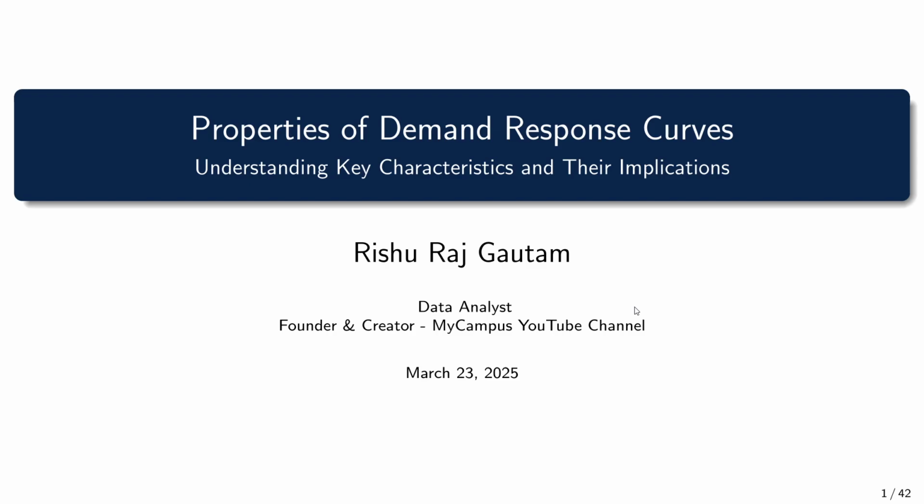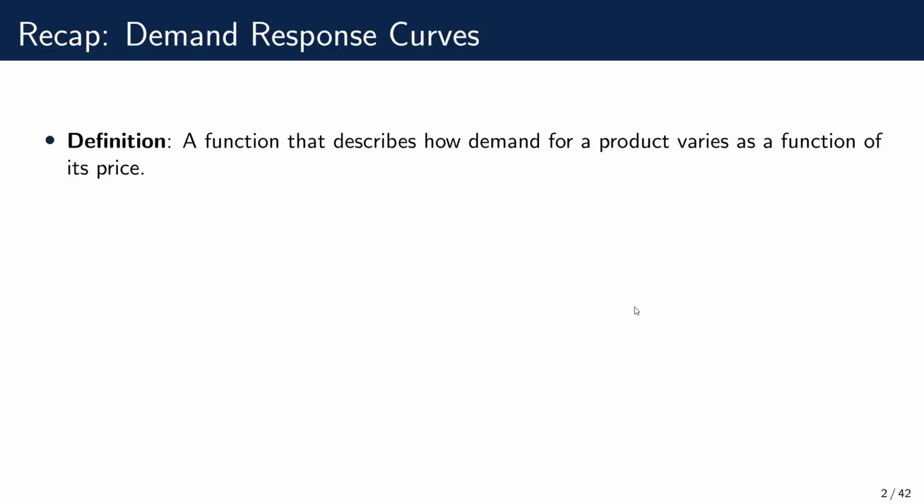In the previous video, we discussed the basics of economics. Now, in this video, we will discuss the properties of the demand response curve. A quick recap of the definition: the demand response curve is a function that describes how demand for a product varies as a function of its price.